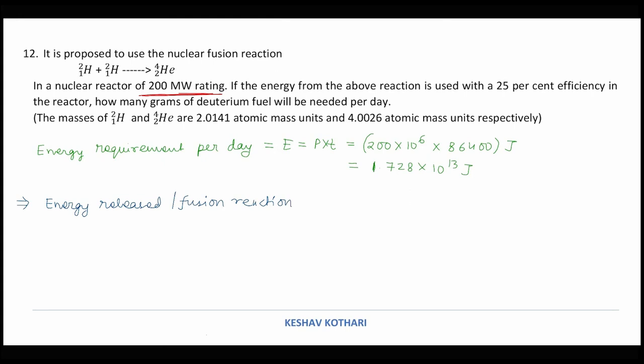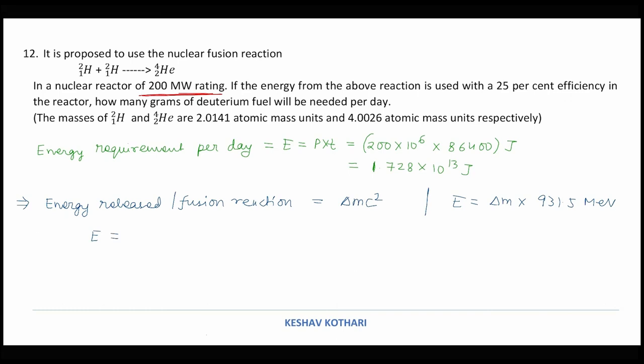We first calculate the value of delta m c square, or I can simply say that the energy can be calculated by calculating the mass defect and then multiplying it by 931.5, and the value will be obtained in mega electron volt. So in order to do this, we calculate the energy by calculating the mass defect.